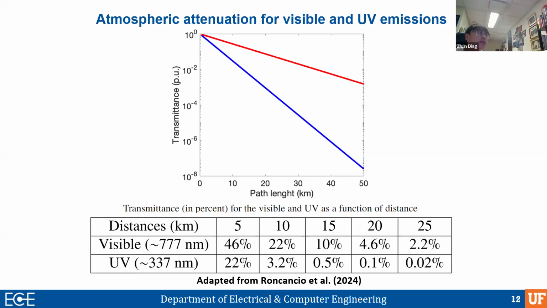As you can see, at a distance of 5 kilometers, UV only has 22% left. If we further increase the distance to, say, 20 kilometers, only 0.1% is left for us to image. So in order to image UV, you have to be really close to the lightning channel.